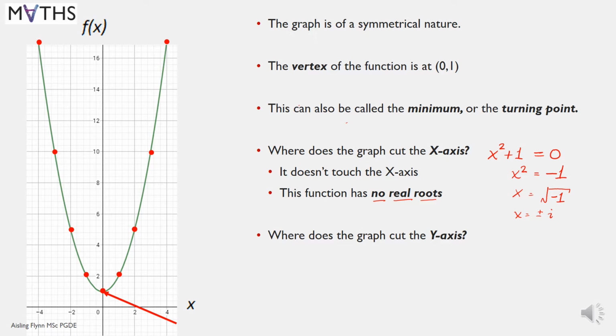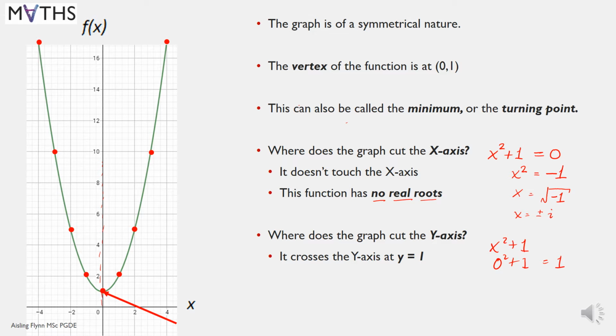Where does the graph cut the y-axis? It crosses the y-axis at 1. So your function was x squared plus 1. Every point along the y-axis has an x value of 0. So what's 0 squared plus 1? Well, it's 1.